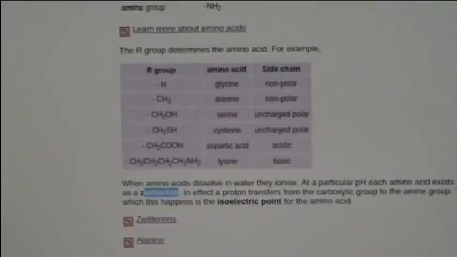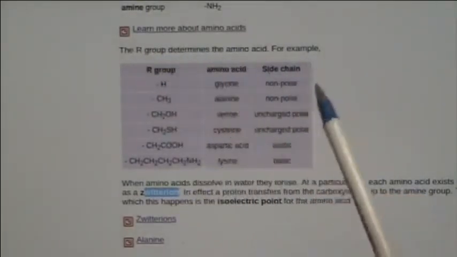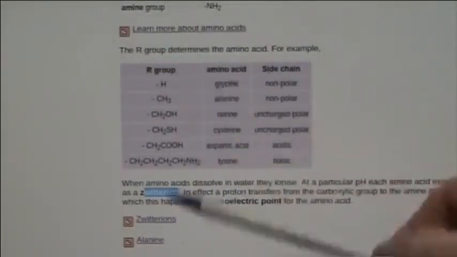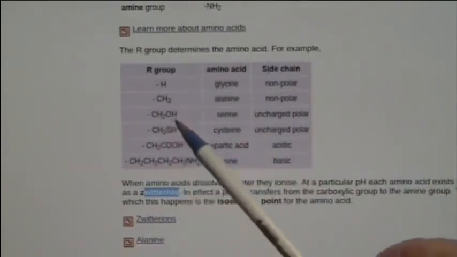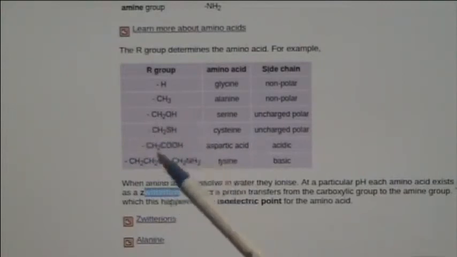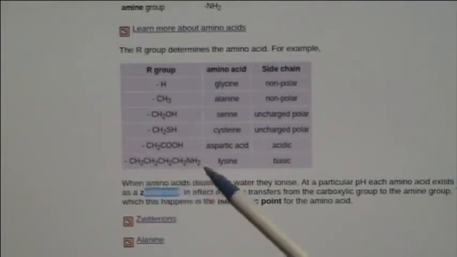All right, all this is deep into chemistry here, and that's the only way you can ever understand this stuff. Now, this is all about amino acids. The R group determines the amino acid. Look at the chemicals. Hydrogen, carbon and hydrogen, carbon, hydrogen, a little bit of oxygen, some more hydrogen, carbon, hydrogen, some sulfur, whatever it is. This is why you end up with fuel, hydrocarbons. And that's what these lipids are made out of, these cell membranes.